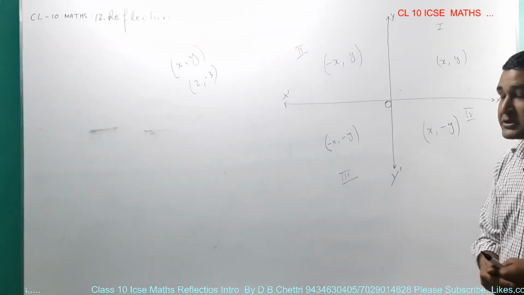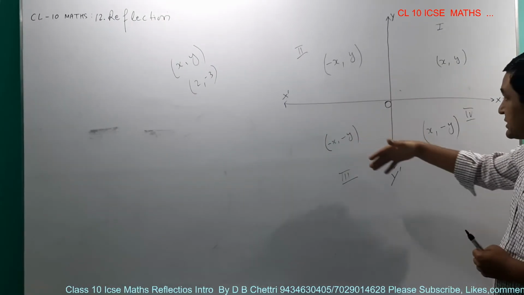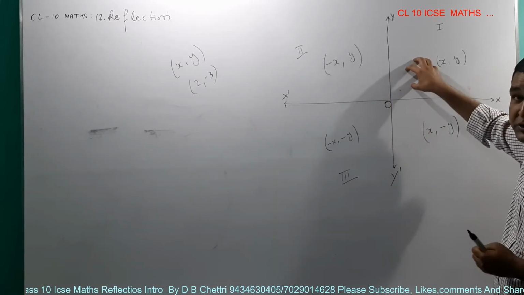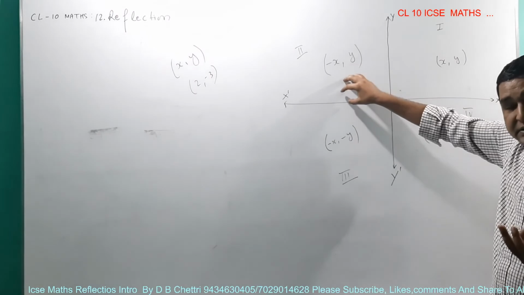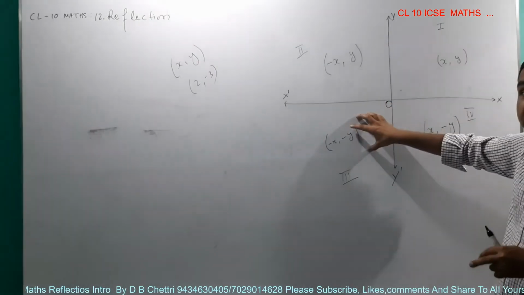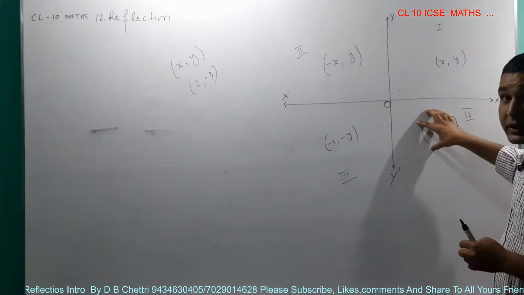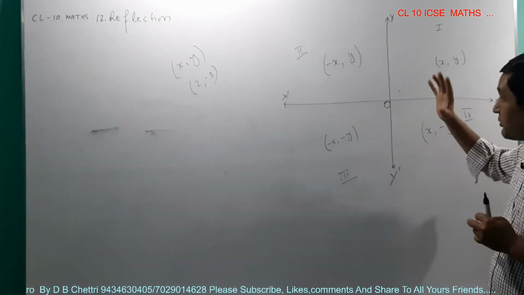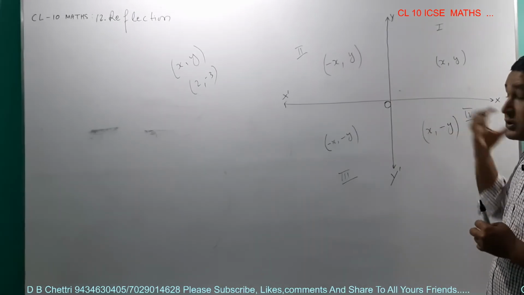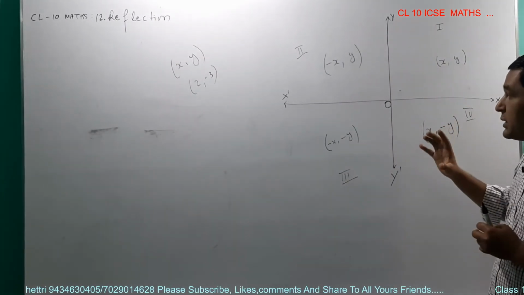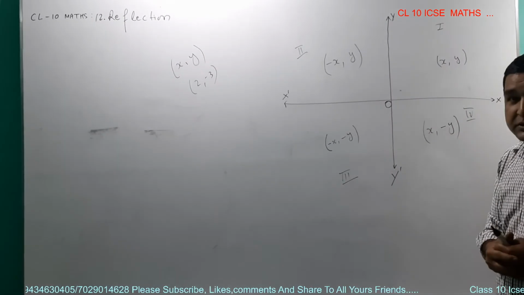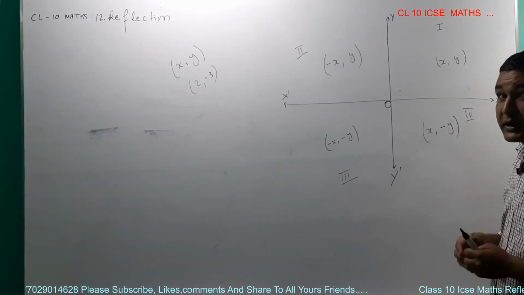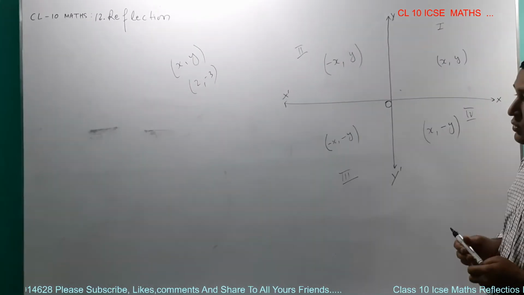To save time, please remember the sign of the coordinates in each quadrant. First quadrant both positive, second quadrant x negative, y positive, third quadrant both negative, fourth quadrant x positive, y negative. Put this in your mind, and it helps you write the answers quickly. Otherwise it takes a long time to draw the graph again and again for each question.